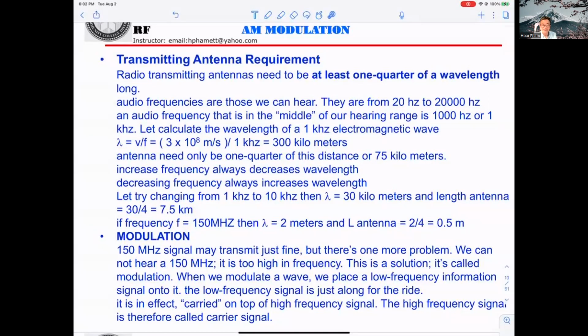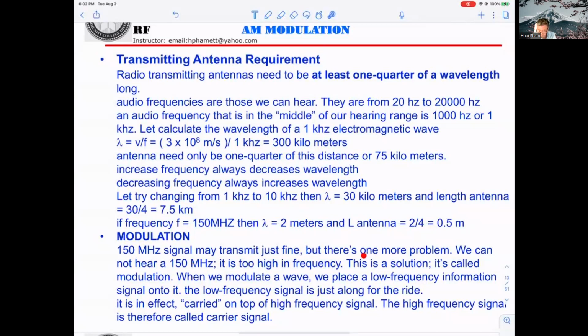So now you will see the relation between the frequency and the length of the antenna. A 150 megahertz signal may be transmitted just fine.